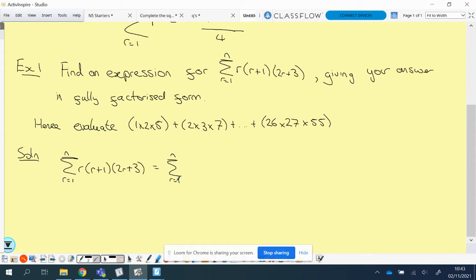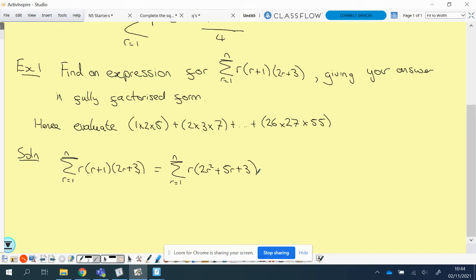If I multiply the last two brackets, it's going to be r bracket 2r squared plus 5r plus 3. Oh, let's try that again. So that gives me the sum from r equals 1 to n, still r multiplied by 2r squared plus 5r plus 3.